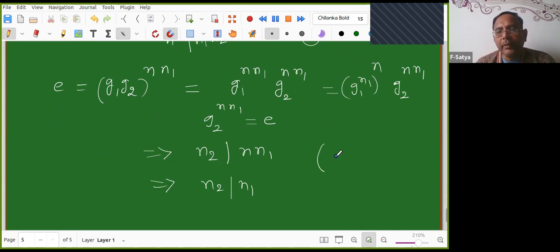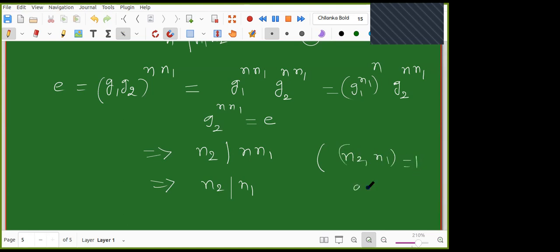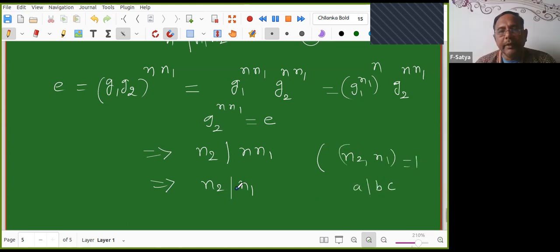Since we have done a number theory course, GCD of N2 and N1 is 1, right? If A divides BC and GCD of A and B is 1, then A divides C, right? So that we are using, correct?